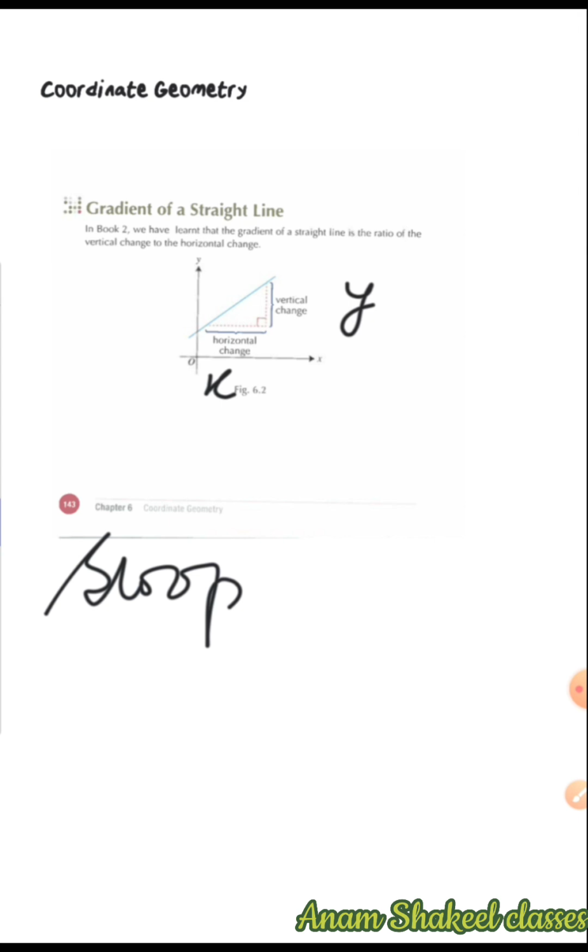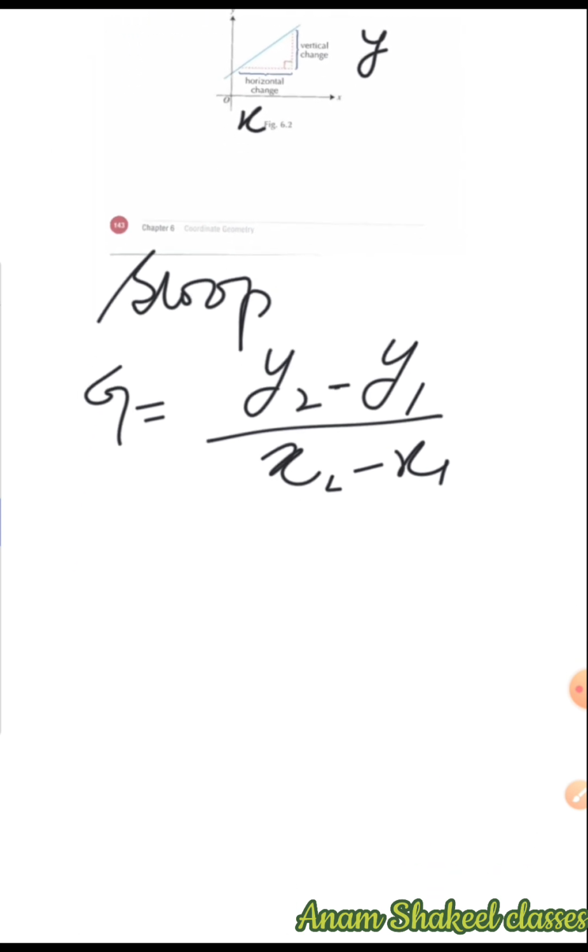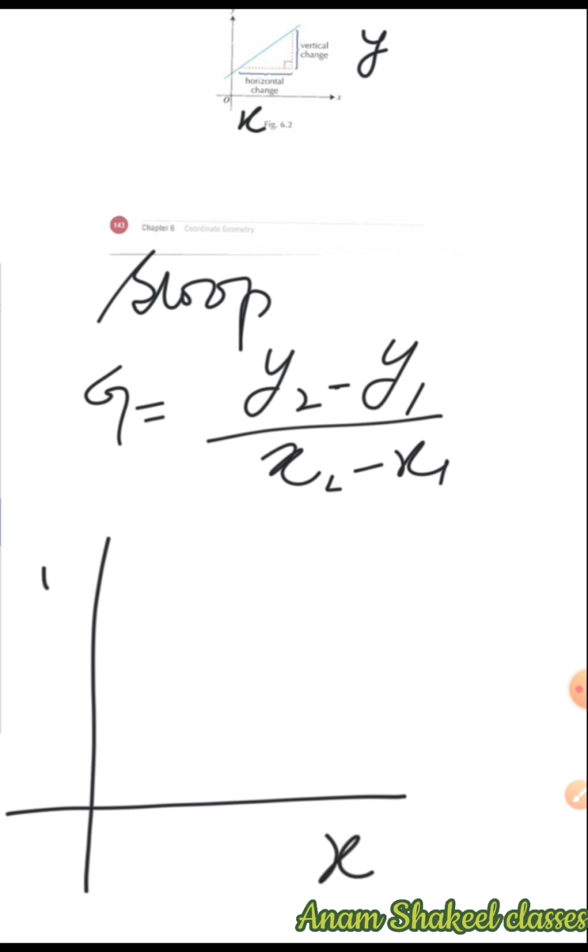The formula of a gradient for a straight line is y2 minus y1 over x2 minus x1. So what are these basically? You can see that if we have an x-axis and a y-axis and a straight line like this, the first point is this and the second point is this, which is AB, and we have to find the gradient or slope of AB.